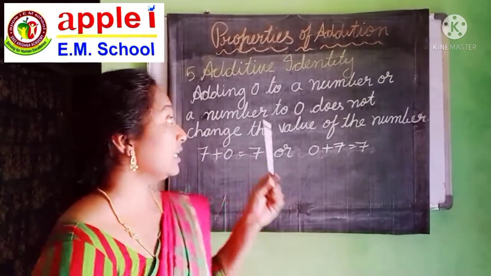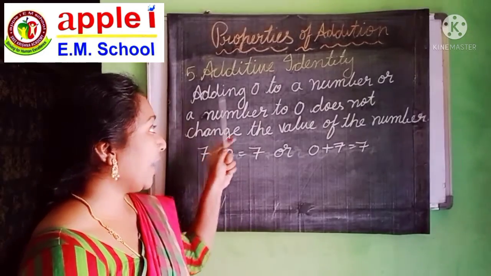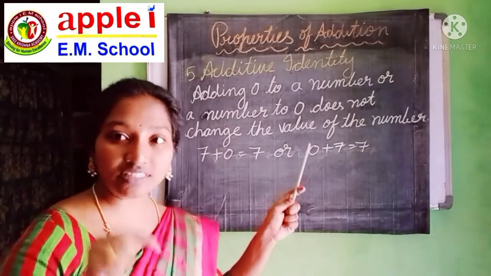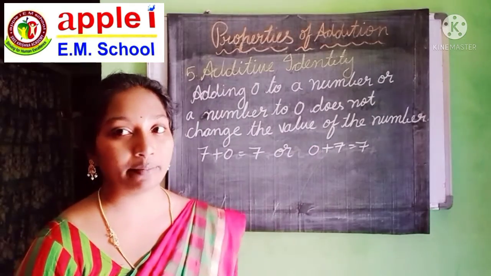Fifth property, additive identity. Adding 0 to a number or a number to 0 does not change the value of the number.